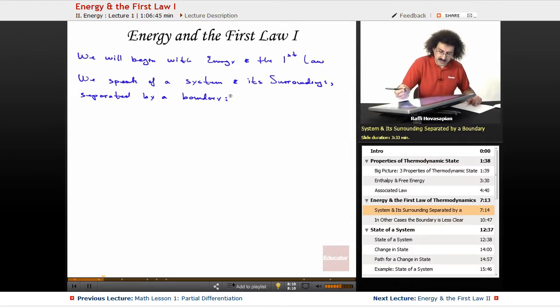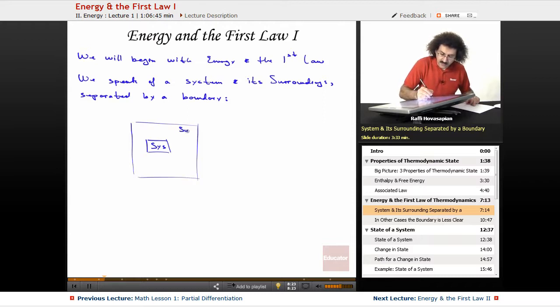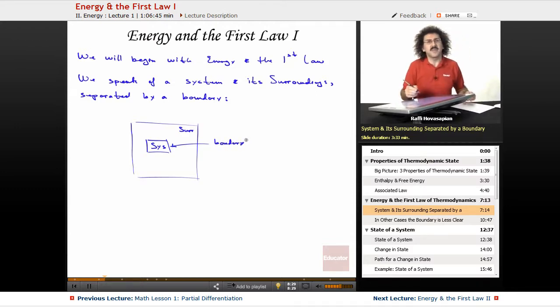So, schematically, we have something like this. We can do it over here. This is going to be our system. This is going to be our surroundings. And this is going to be our boundary.